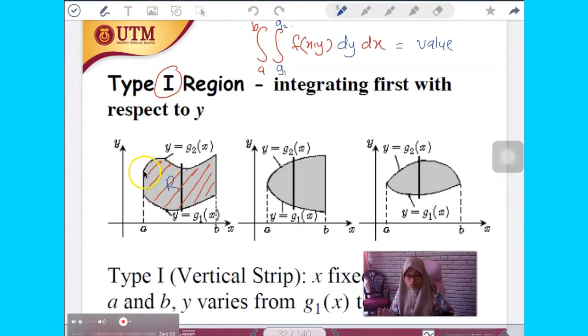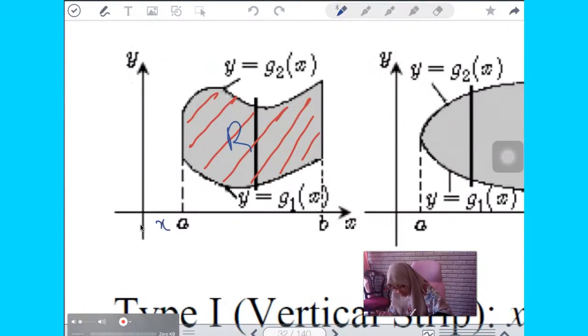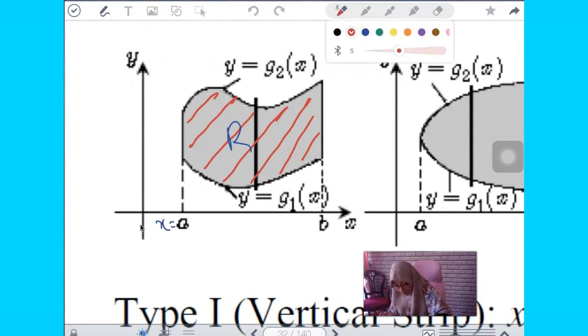So what is the equation of the line? x equal to something, and it should be a constant. So this boundary belongs to x equal to a. That becomes your boundary, right?